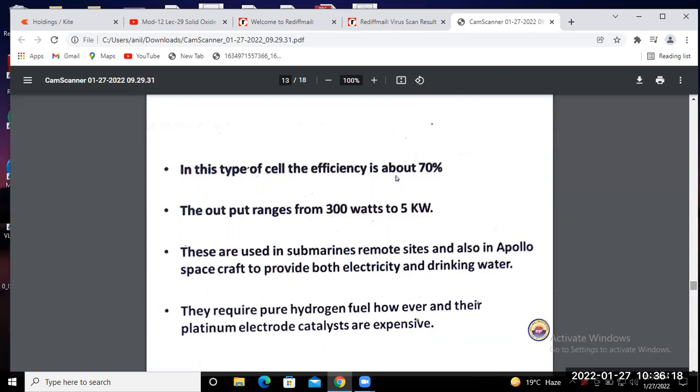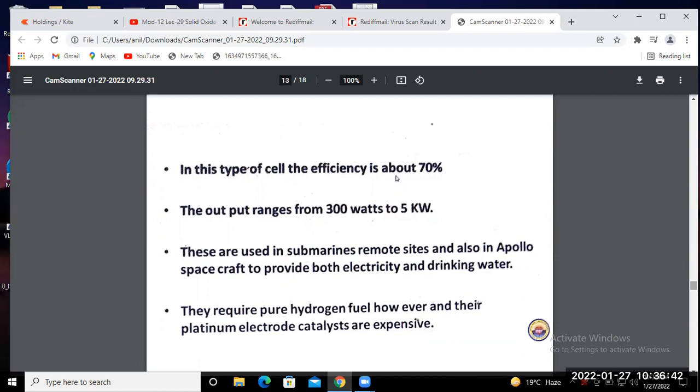So you have to keep in mind these specific data about the application of the alkaline fuel cell, and there the power rating starts from 300 watts up to 5 kilowatts, and about their efficiency.